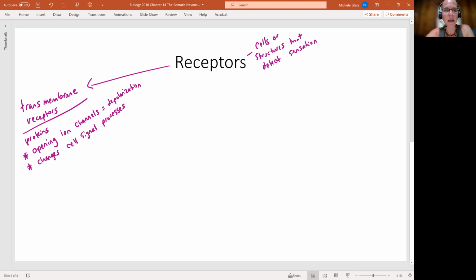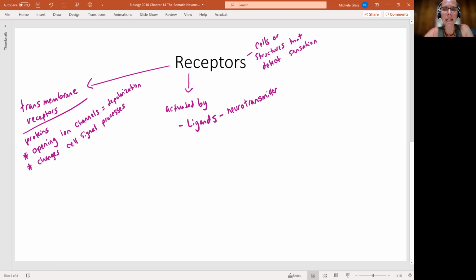When we talk about these receptors being stimulated, what we see very often is that they can be activated by ligands. So we've talked about a ligand gated channel as the chemically gated sodium channel that our neurotransmitter acetylcholine bound to, right?